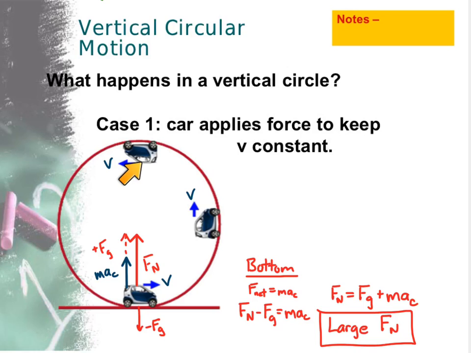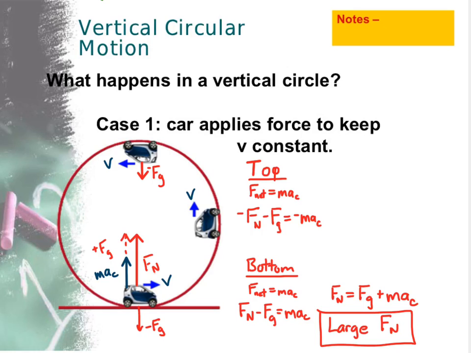What ends up happening at the top here? At the top we have our gravitational force still pointing in the downward direction. So we can write F net equals m times AC. But now our normal force is also pointing downward, because normal force is perpendicular to the surface, so both normal and gravitational force are pointing downward.